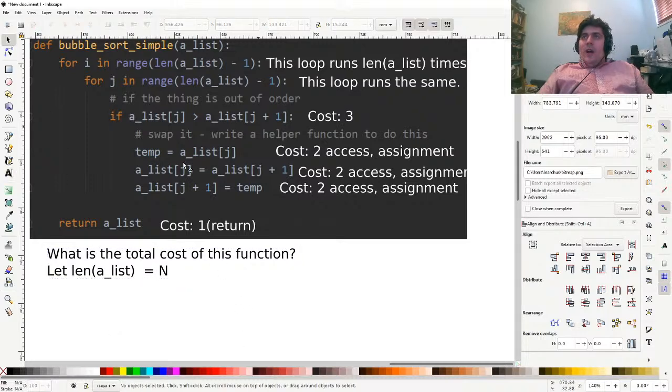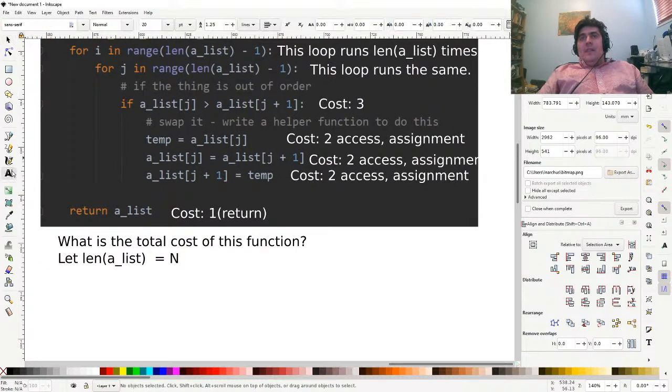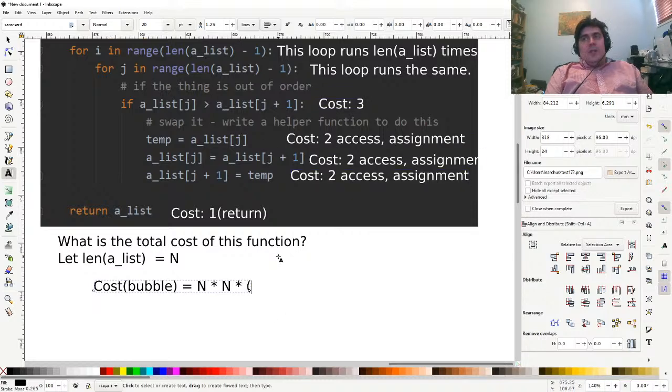And so then the total cost of this function is basically equal to n times n. And why is it n times n? It's because you're running n loops in the first thing. So you're running something n times, and then you're running something here n times, and then you're running this if statement. And let's assume that this if statement executes most of the time. And then the last return statement is just a +1 at the end.